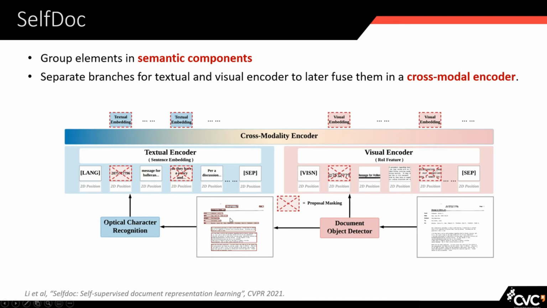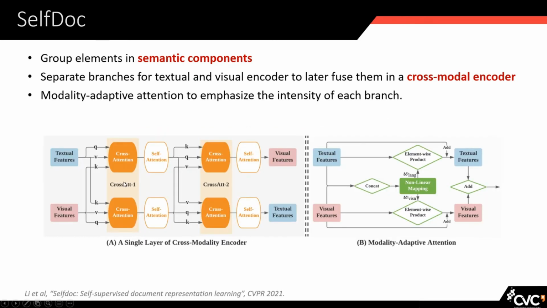In this one, they group, as you can see here, by paragraphs or titles or dates. Also, they don't have examples here, but also I think tables or diagrams, which is a very nice approach, which they claim avoids overly fine-grained processing with excessive contextualization. Also, they treat textual and visual features separately to later fuse them in a cross-modality encoder, which is this one.